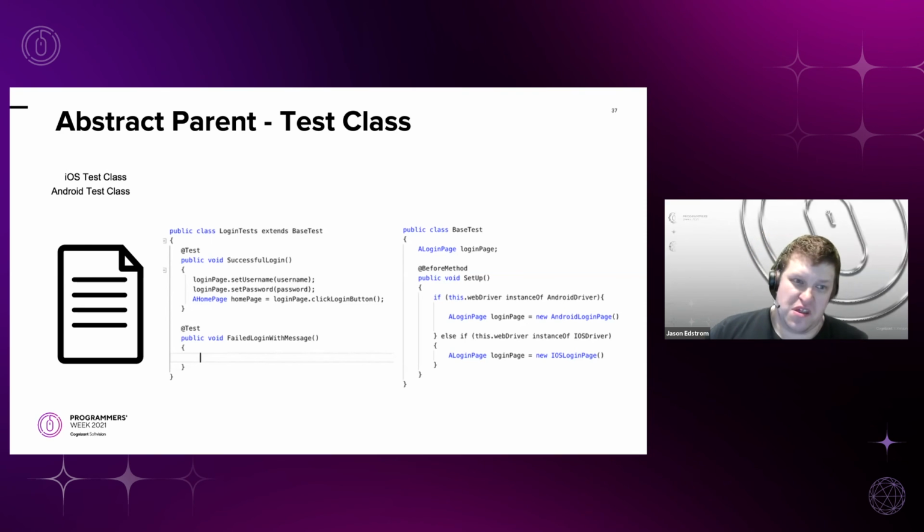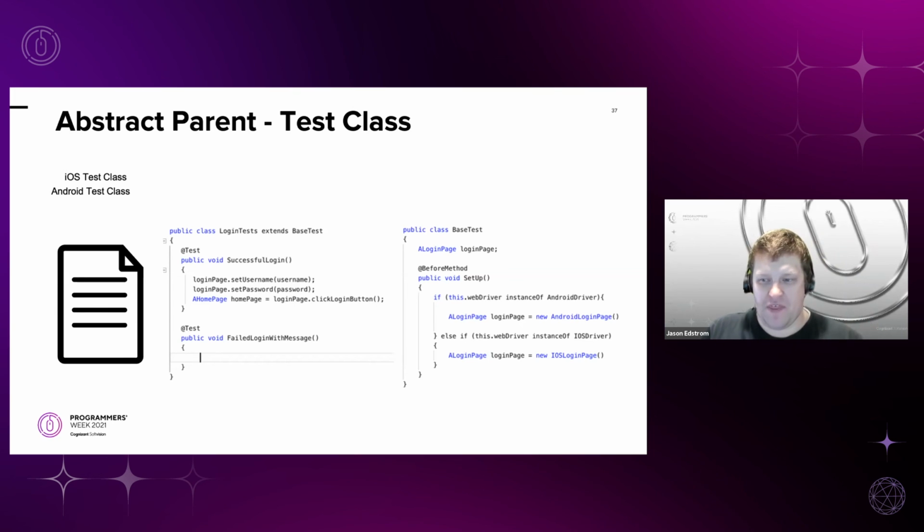The major difference in the abstract parent is that we need something to decide the track that we're going to start running on. And the way we do that is that in a base class, we have the abstract parent page object model held inside the base class.